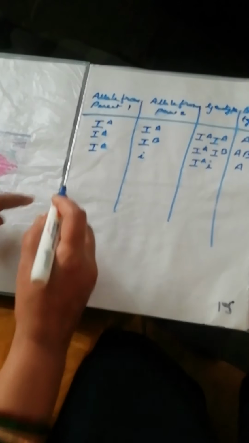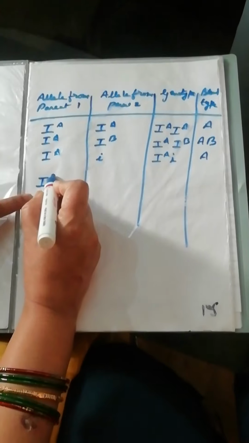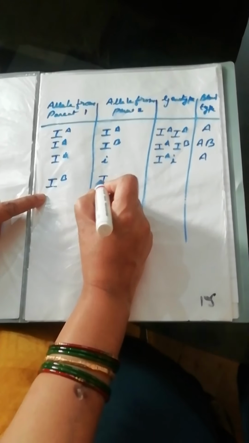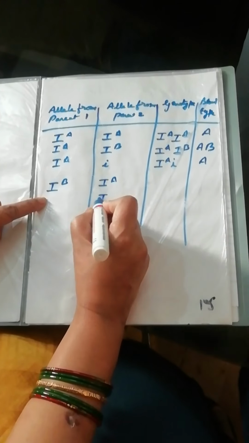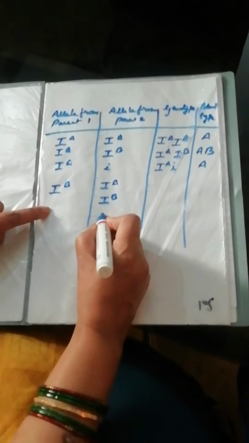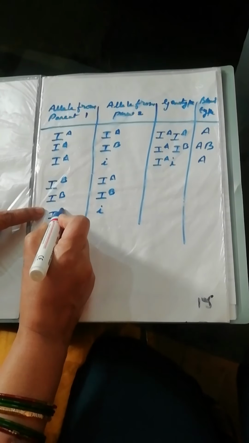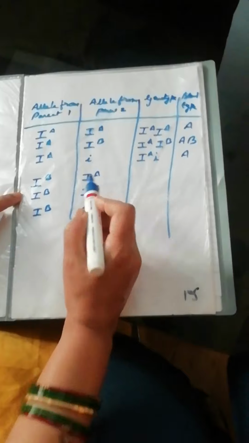Now let's see what the other possibilities are. Now the possibility is that parent 1 may have allele IB. Now this IB may combine with IA, it may combine with IB, it may combine with small i, isn't it? So I can write here IB and IB. So what will be the genotype?